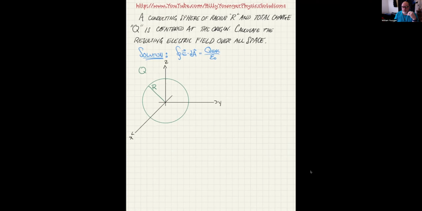Now, I know from symmetry and from experience with Coulomb's law, which said that F, the force of Coulomb's law, is repulsive or attractive depending on whether the two charges are the same sign, in which case they're repulsive, or have differing signs, in which case they're attractive.